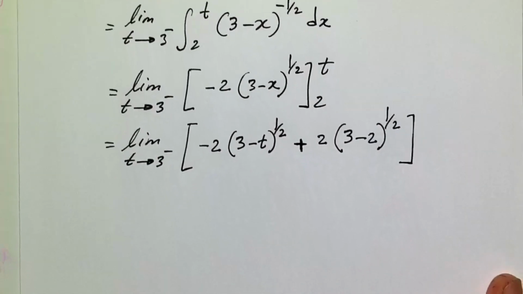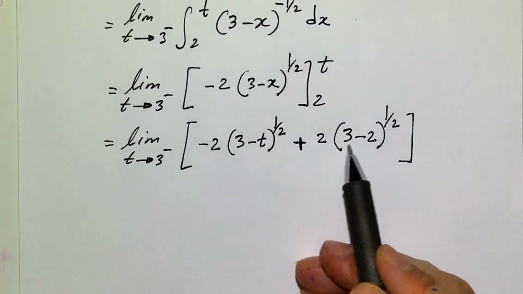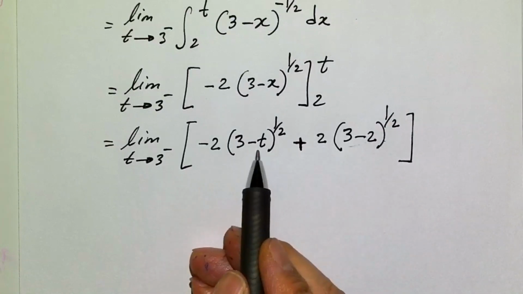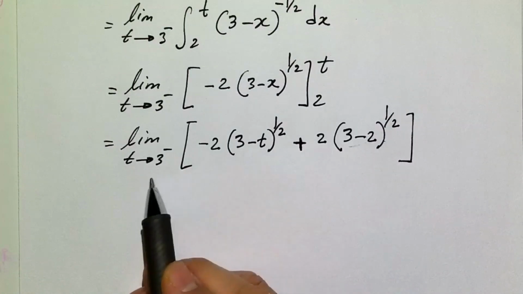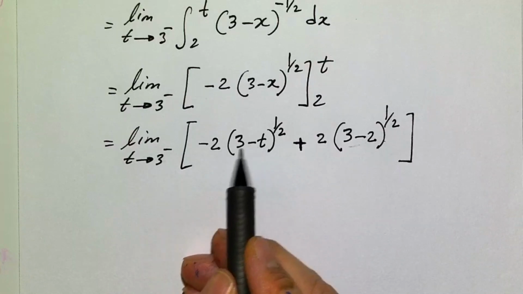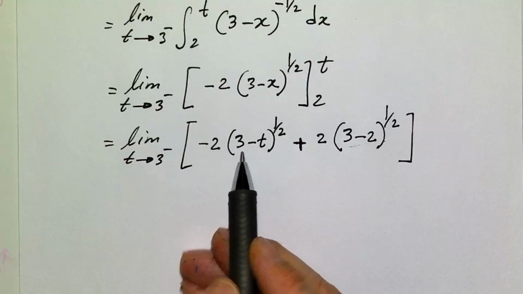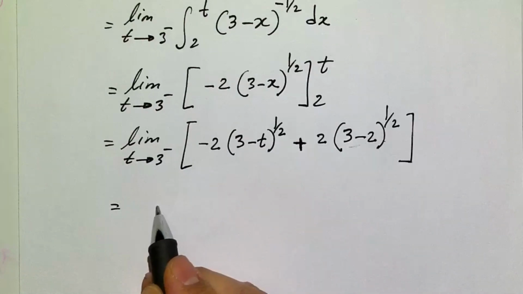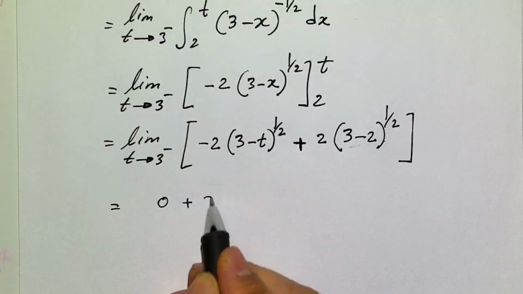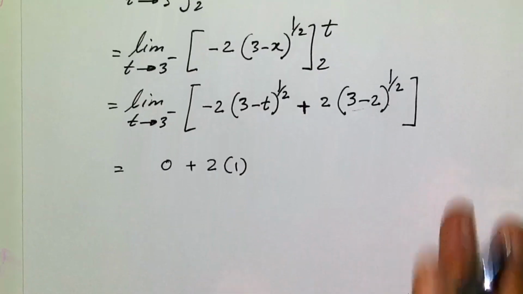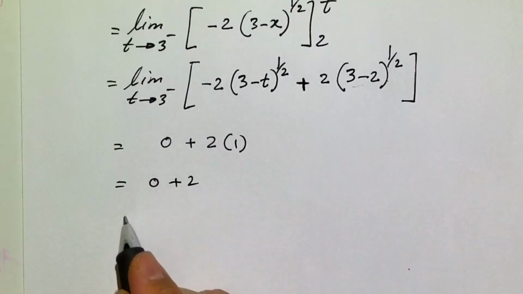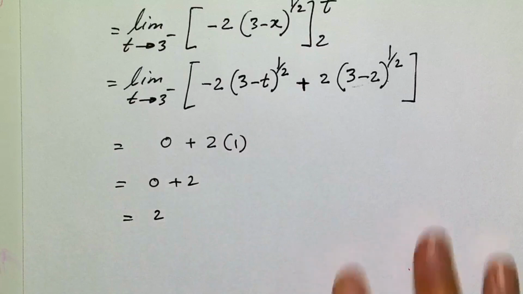Okay, so that's just 2. This piece is just 2. 2 times 1 is 2. But now here, as this quantity approaches 3 from the left, we get 0 here. So this drops out. So taking the limit of this quantity, we have 0 here plus 2 times 1, or 0 plus 2, or 2, right? So we have that.